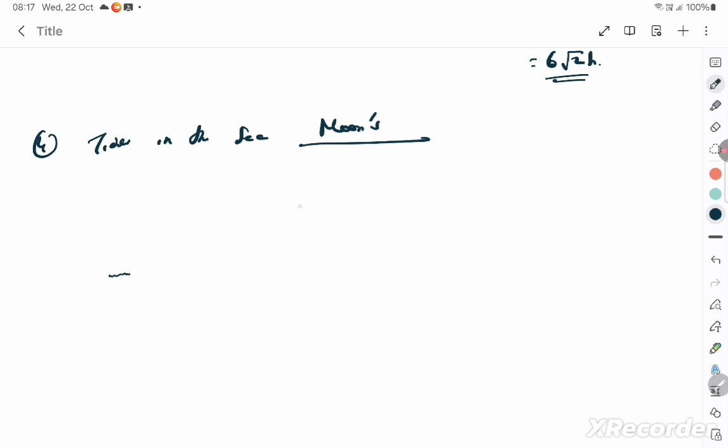Primarily because the moon is closer to the Earth compared to the sun, and the force is inversely proportional to the distance square. F is equal to G into capital M small m by r square. So the moon has a greater effect because the distance is less, the force will be more, and the moon's effect on the Earth, which they call the tidal effect, is more. Okay, that's that.